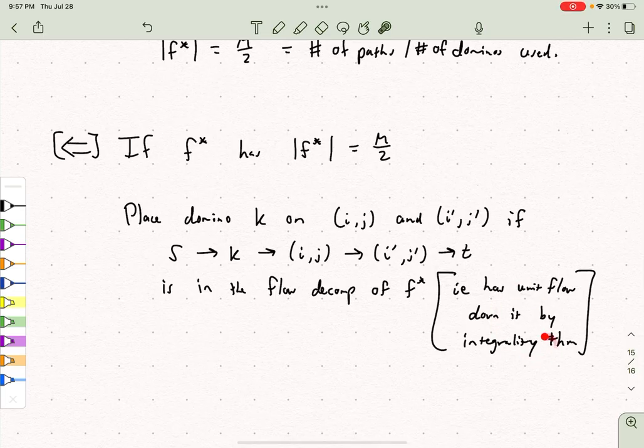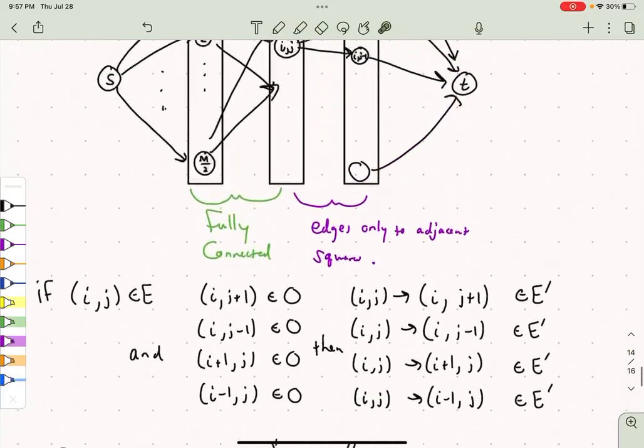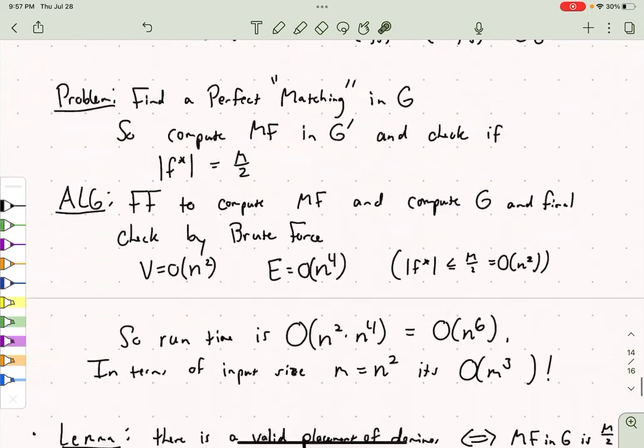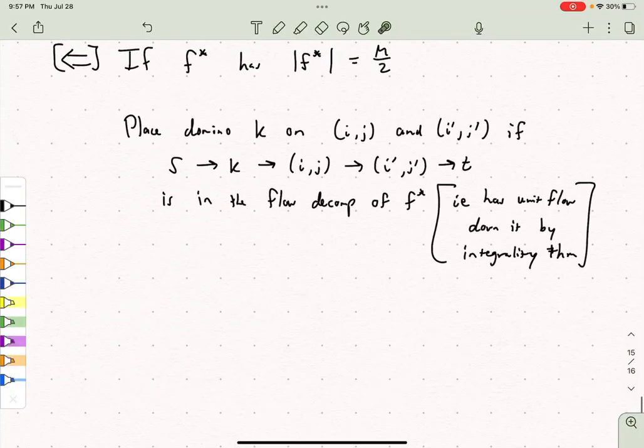And we know it's all unit flow by the integrality theorem because our capacities were all integer. Specifically, they're all capacity 1. But we're not actually computing the flow decomposition in this problem. We just need the final answer, so we're just doing this in the proof. We're just using the fact that the flow decomposition theorem implies that we can break up the flow into a bunch of paths.